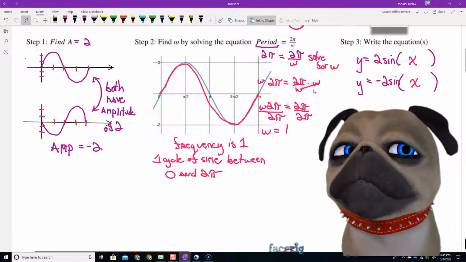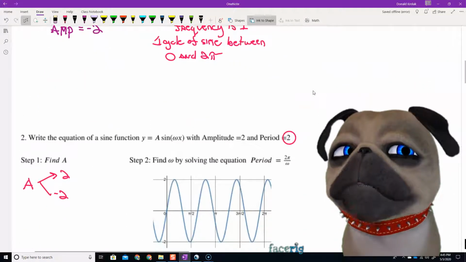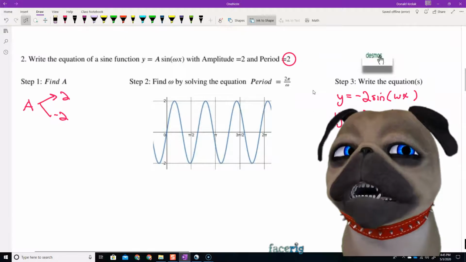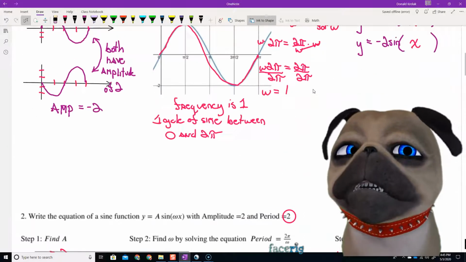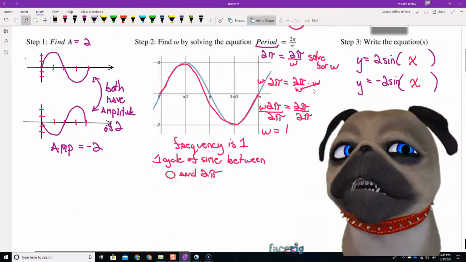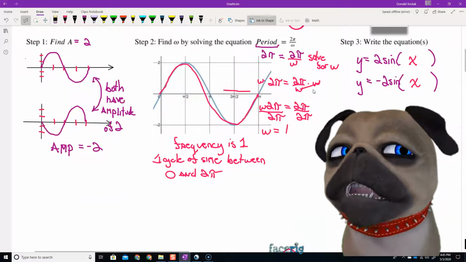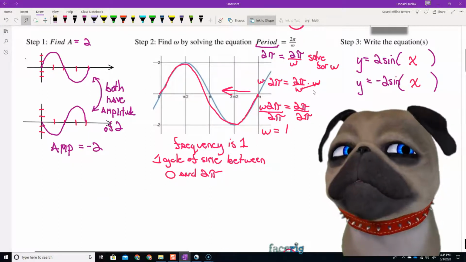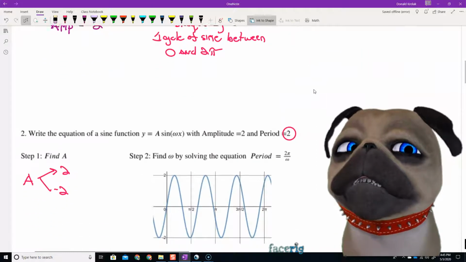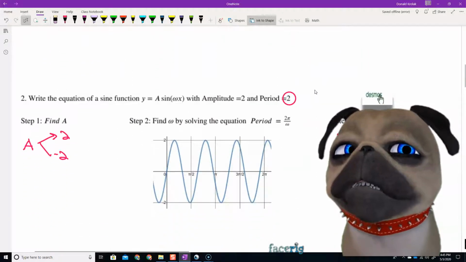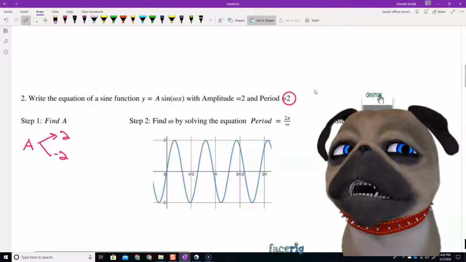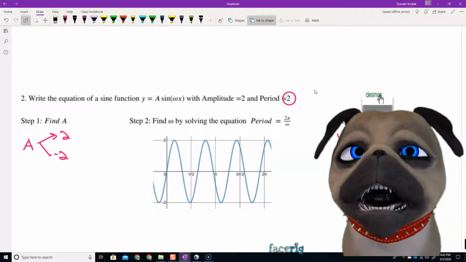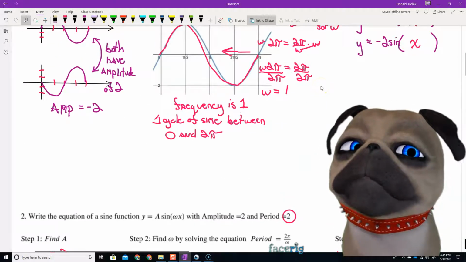This graph is more stretched out than this graph. So a period of 2, what it did was it took the graph and it squeezed it in towards the y-axis, like pushing a spring in. So this graph is going to have a higher frequency than this graph.